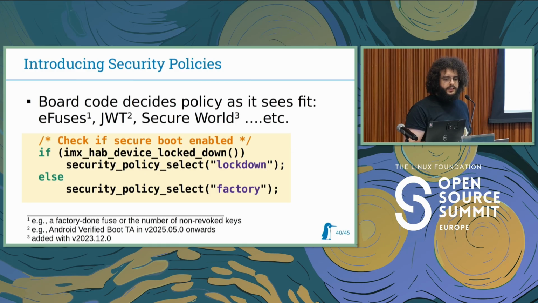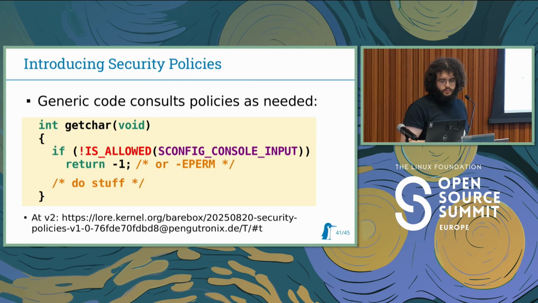So you could ask users, you could ask a JSON web token that comes from somewhere, you could ask a trusted application in the secure world, or in this case, it's asking the boot ROM if we are in lockdown mode, and then you can activate this policy as a whole at once. And yeah, the code that actually makes use of it looks like this. It's a single macro. It's called is_allowed, and is_allowed either returns true or false if your currently active security policy allows something or not.